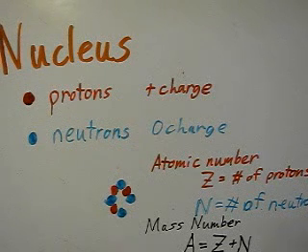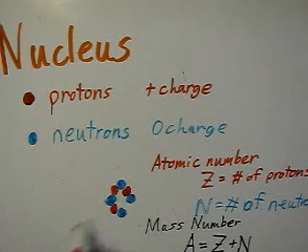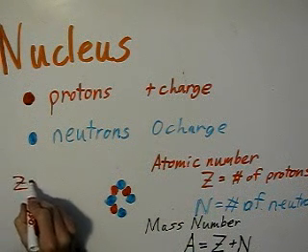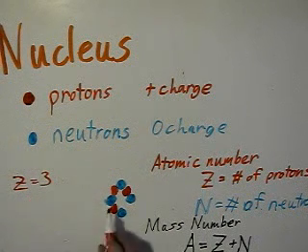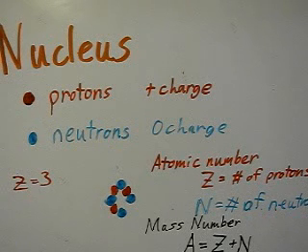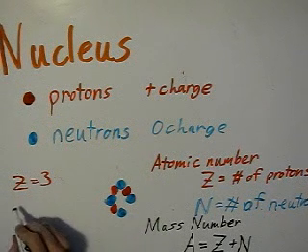Let's take a look at this nucleus here as an example. So Z for this nucleus is the number of protons: 1, 2, 3. Z equals 3. N would be the number of neutrons, and that's 1, 2, 3, 4.